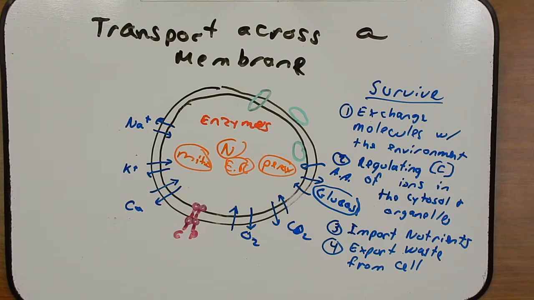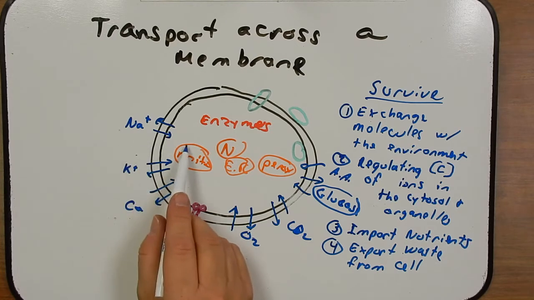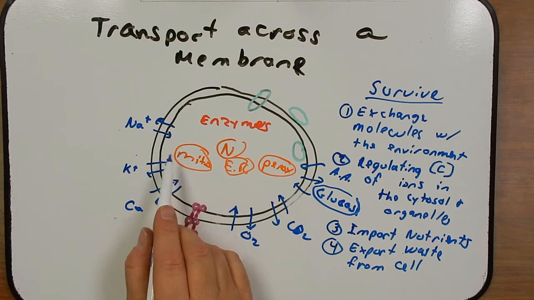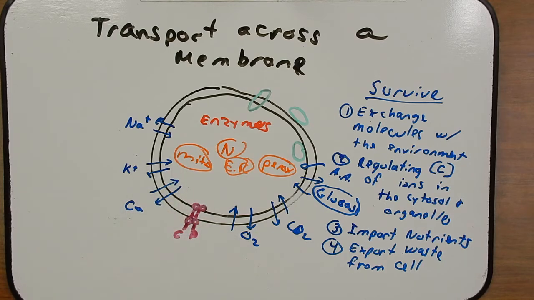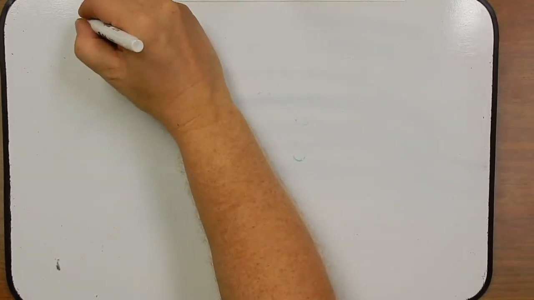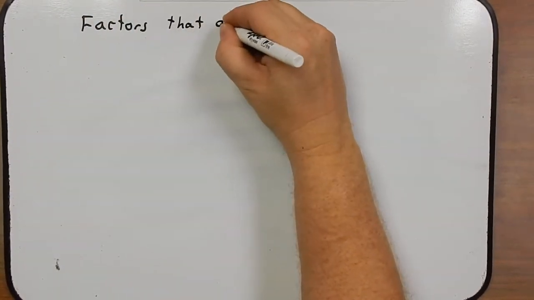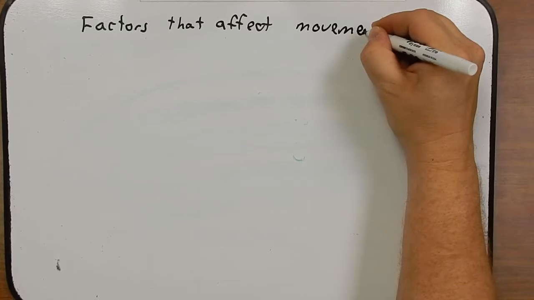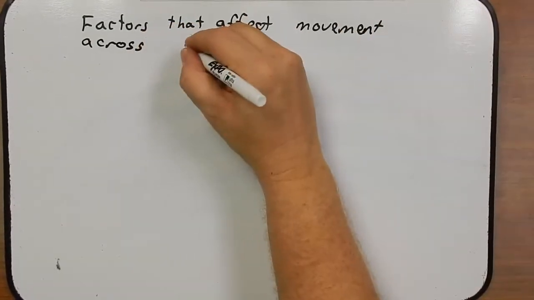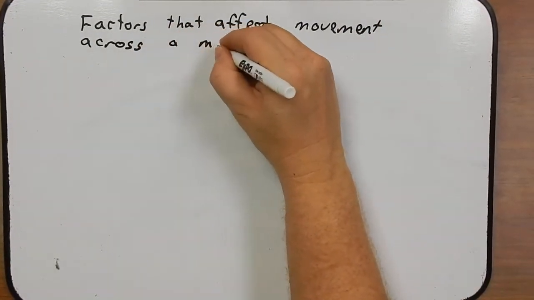So let's consider the type of solute in order to understand whether or not it will easily cross the membrane or if it will require an investment of energy to do so. So let's list some of these factors that affect movement across a membrane.